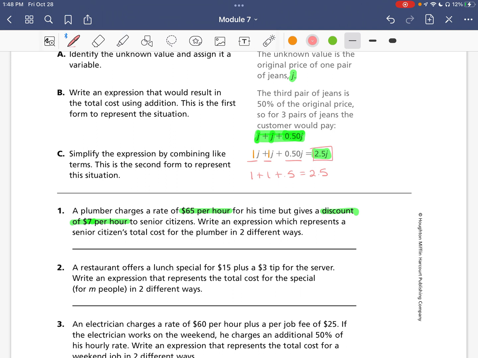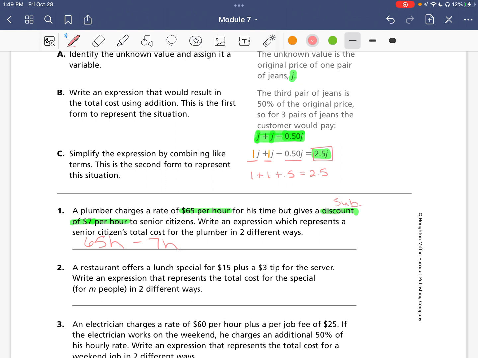So for everyone who is not a senior citizen, you would have $65 per hour. But we get a discount, so we are going to be subtracting that rate, $7 per hour.